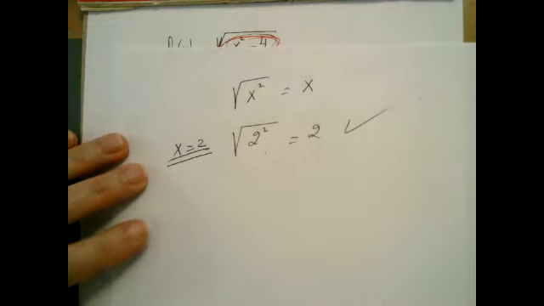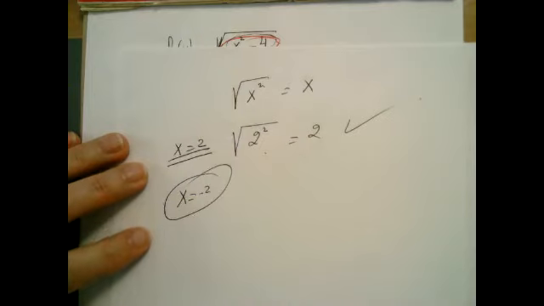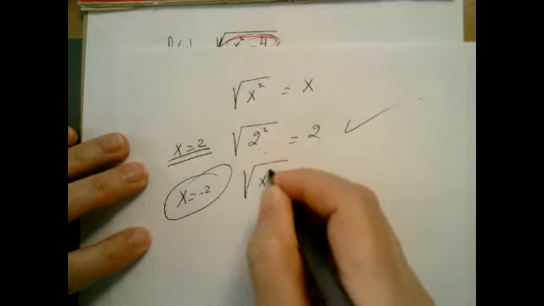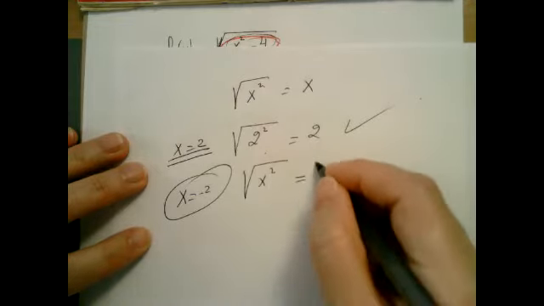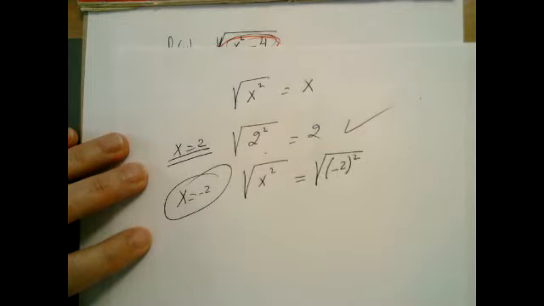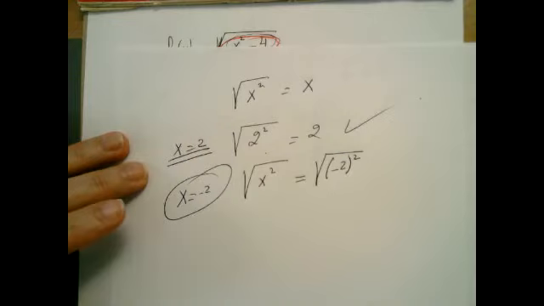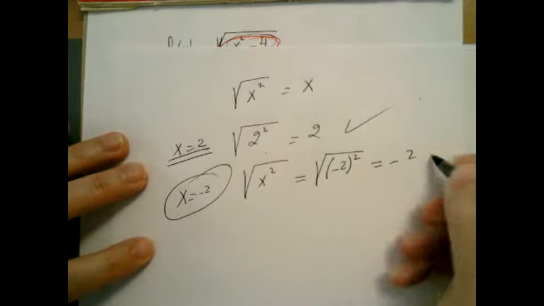You're fine. Suppose I take x to be negative 2. Does the square root of x squared make sense in this case? It's the square root of minus 2 squared. Since we're squaring, it still makes sense. But this is equal to what? Is this equal to minus 2?